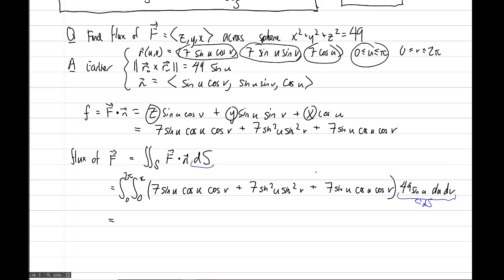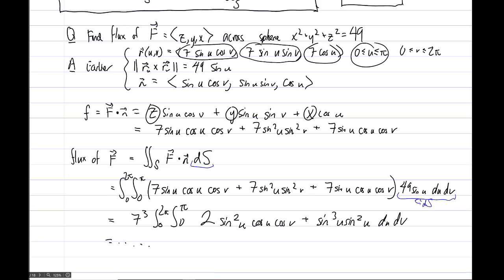I'll just mention that this ends up being 7 cubed times the integral 0 to 2 pi, integral 0 to pi of 2 sine squared u cosine v plus sine cubed u sine squared u. That seems a little odd. We'll just leave it like that. du dv. And then skipping quite a bit more work, this ends up being 7 cubed times 4 pi over 3. I wouldn't worry about all of those things right now.